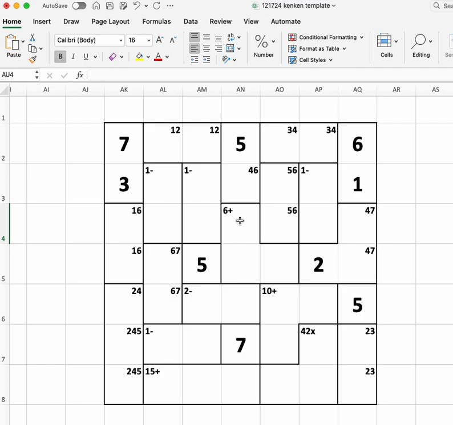This 6 is interesting because the 2 is gone here. How do you make 6? 1, 2, 3. Or 4, 1, 1. I think are the only ways to do it. It's not 2, 2, 2.